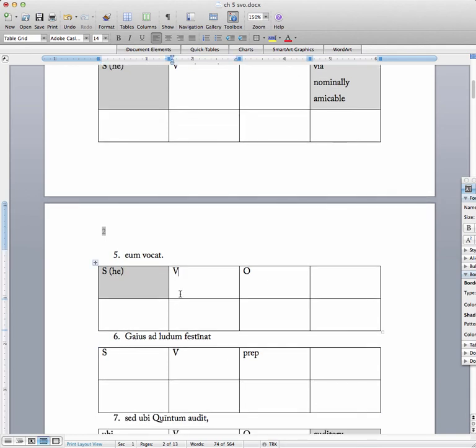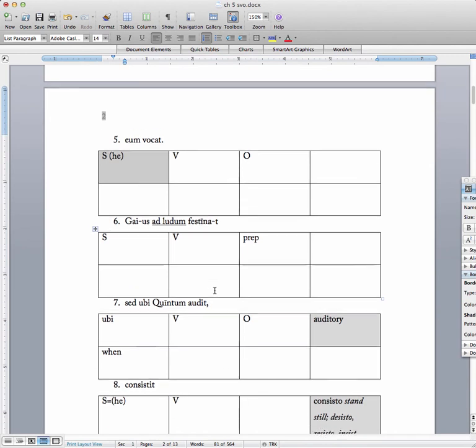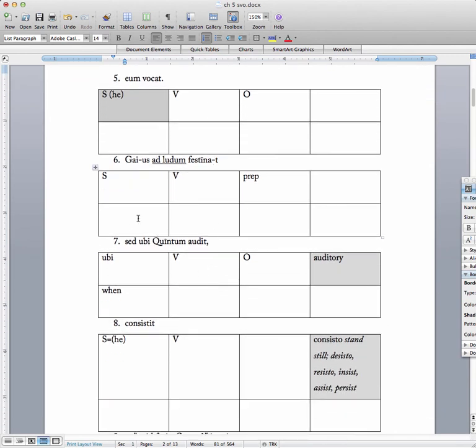So you only have to find a verb and an object. Number 6, same sort of story. You have one noun that ends in S, one noun that comes after a preposition, and then a word ending in T. So you should be able to distribute those appropriately.